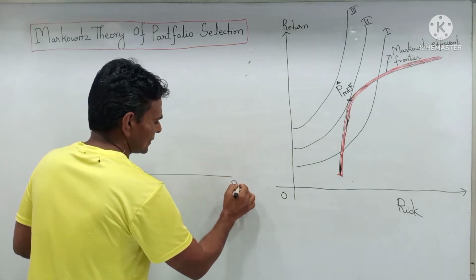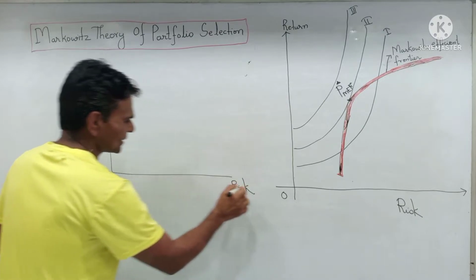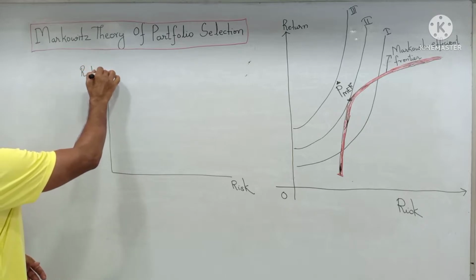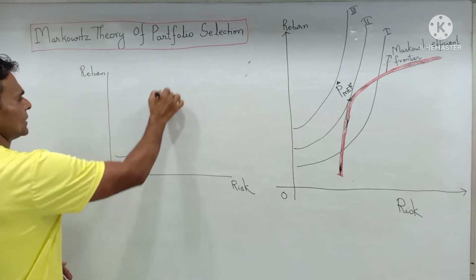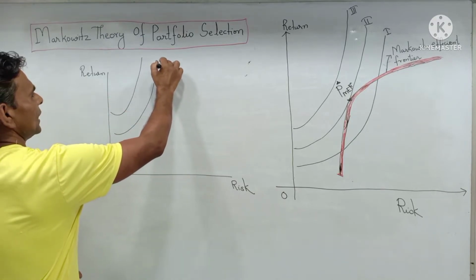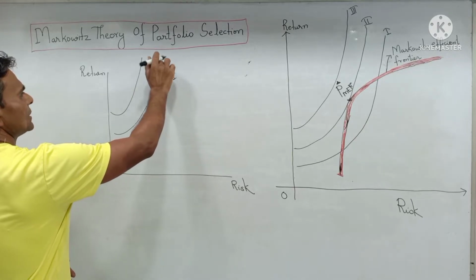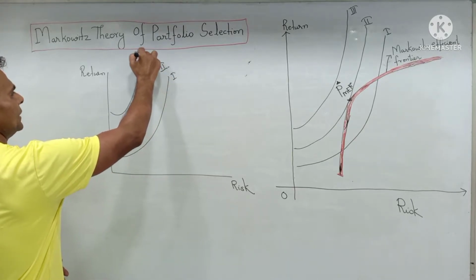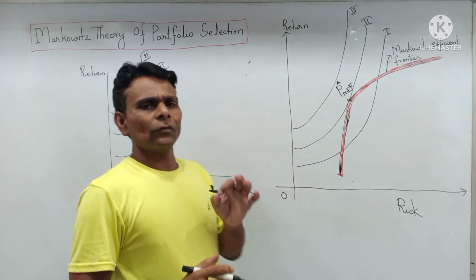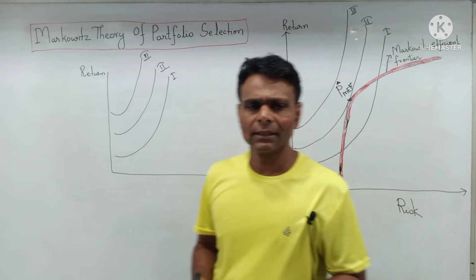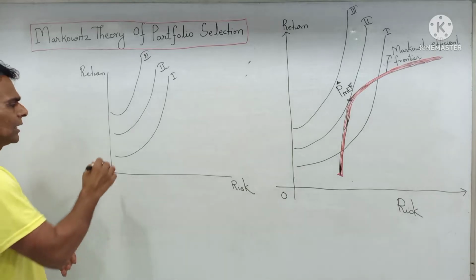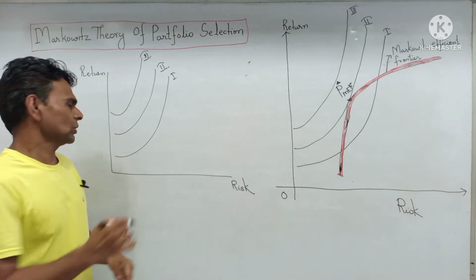On the horizontal axis risk is measured, on the vertical axis return is shown, and this is the risk return indifference curve. I have drawn three indifference curves representing three different levels of utility. In risk return space, risk return indifference curves are convex and upward sloping.